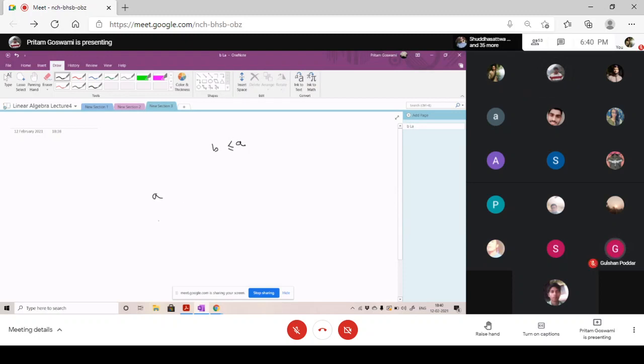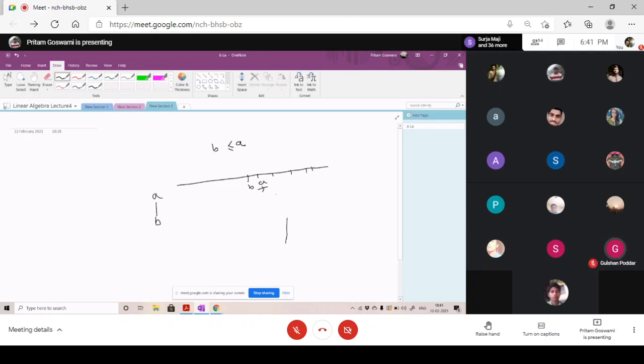Yes, sir. So I write b like this. Look here, I am getting a real line where I can put all the elements maintaining that order. If a is greater than b, then I put a on the right side of b. So you are getting the real line, right?